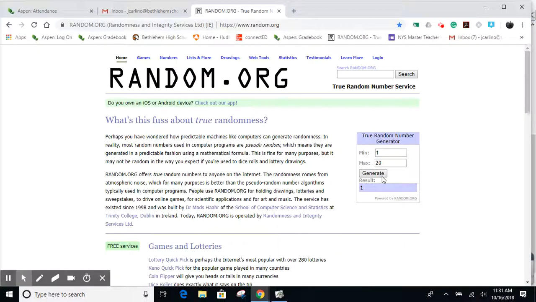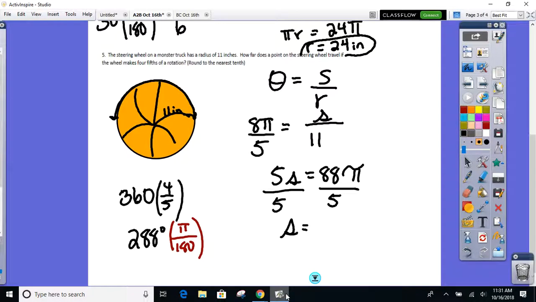Nearest tenth, what are we looking at here? 17.6. Yeah? Why do I have something different on my paper? Okay. Oh, never mind.